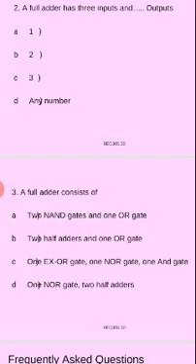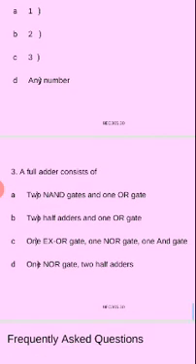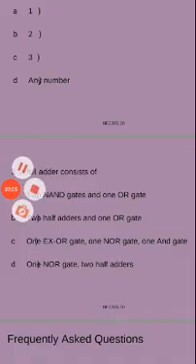A full adder can be constructed with two half adders and one OR gate. Our answer should be two half adders and one OR gate. That is, option B is the right answer for this question.